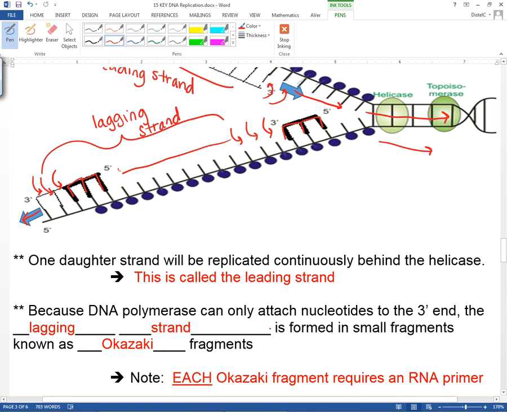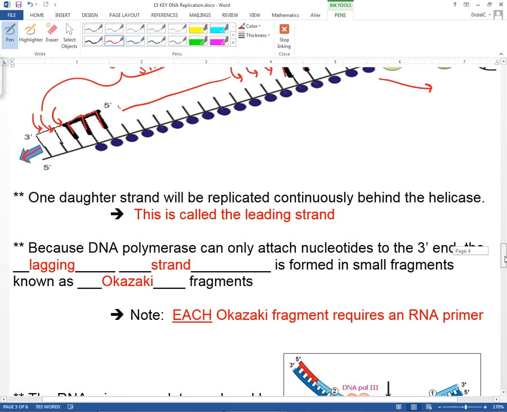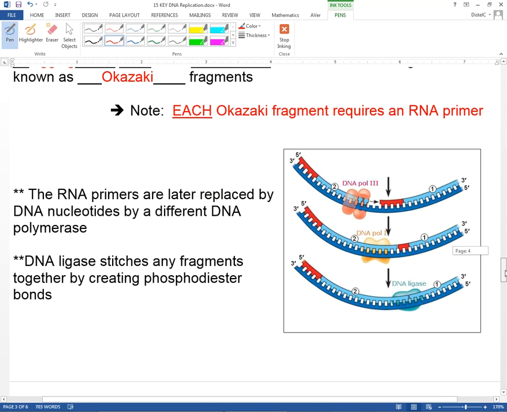So what has to happen is, as helicase continues to unzip the DNA, RNA polymerase or primase has to keep placing primers so that that side, the lagging strand, can continue to be formed. So when we look down here at this, these red pieces are those primers, the RNA primer. Okay.